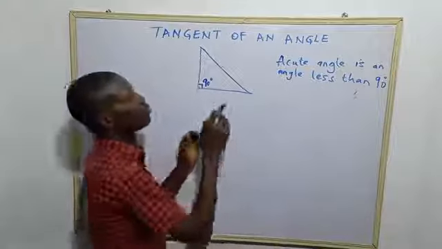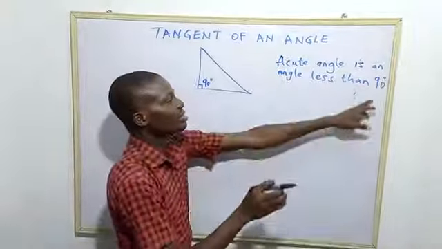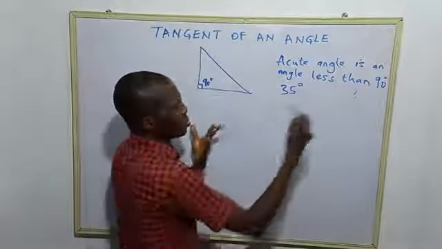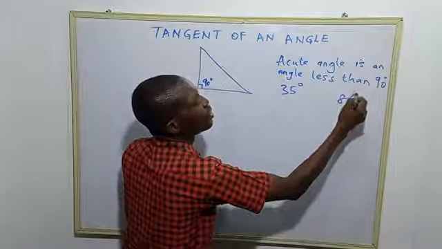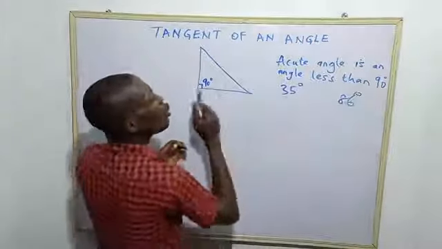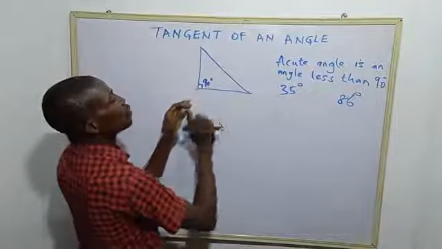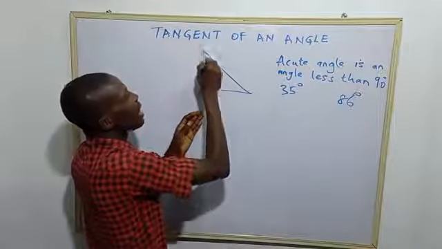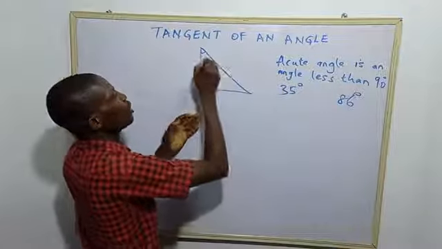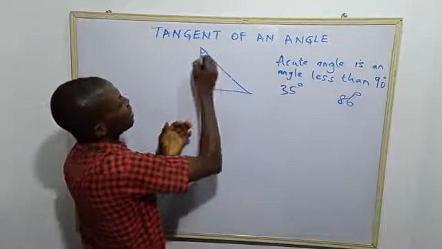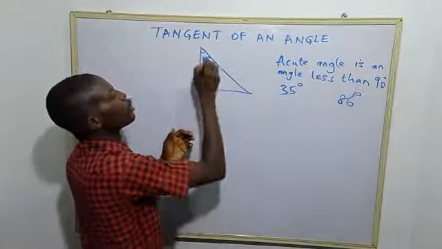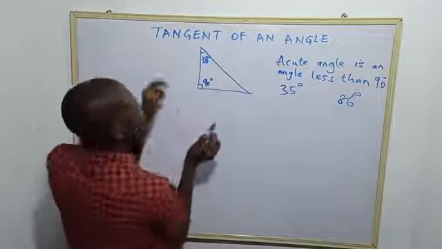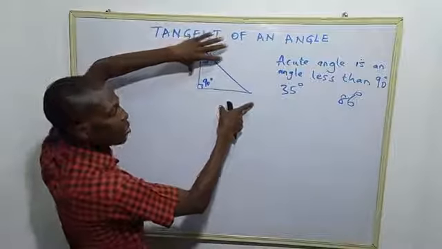For example, any number less than 90 degree, maybe 35 degree, is an acute angle. Maybe 86 degree, an acute angle. So when you are talking about a right angle triangle, it will contain 90 degree and acute angles. So let's say this one is 38 degree, we are just assuming. So it means this is a right angle triangle.